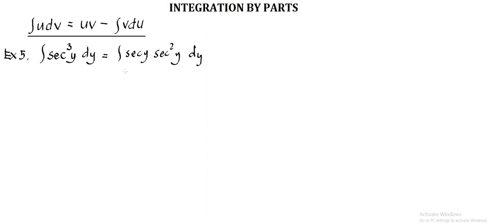So, dito, let u equal secant of y. And let dv equal secant squared of y dy.